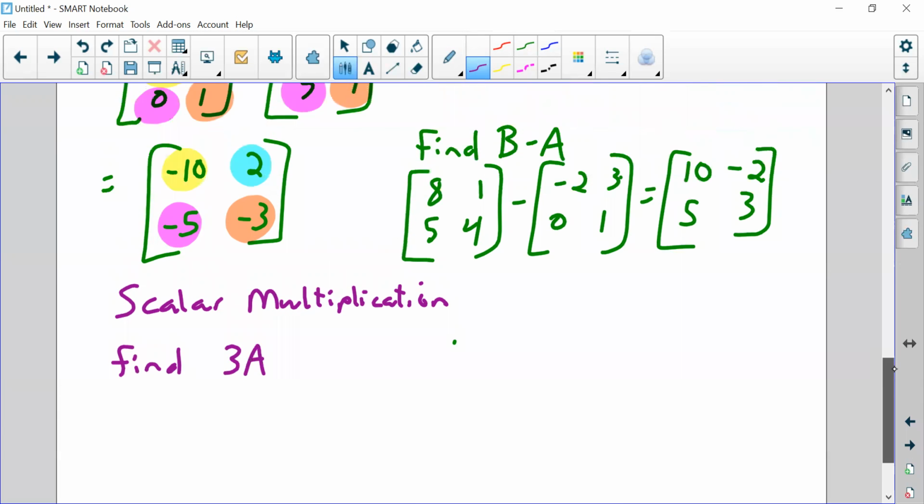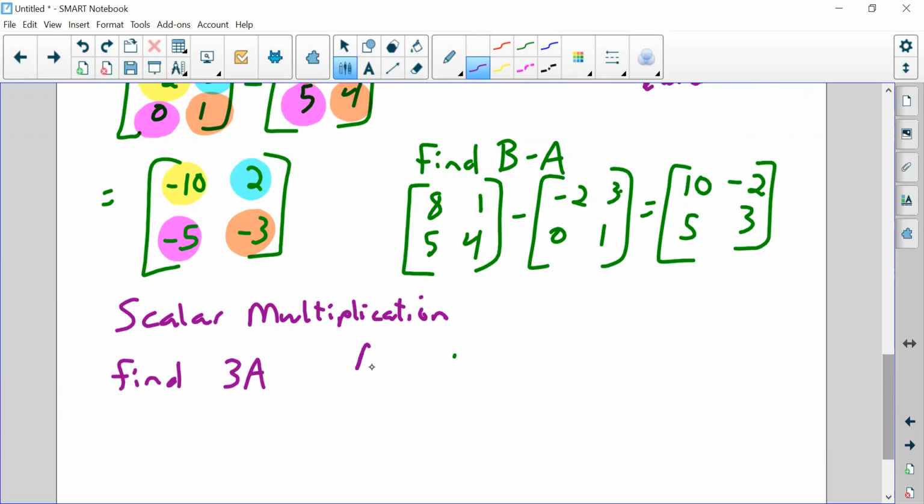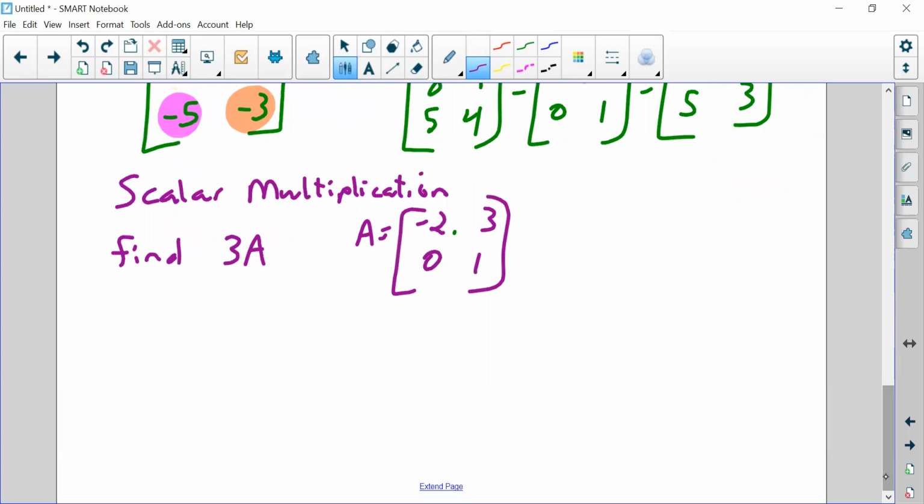Again, my matrix A is -2, 3, 0, 1. And so I want to find 3A. So that tells me I need to take 3 and times it by matrix A.